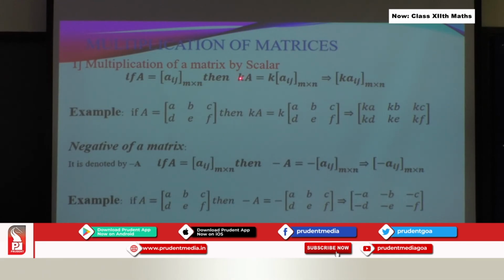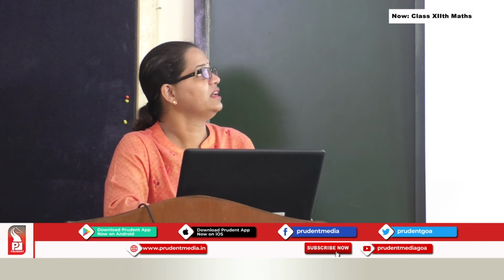That scalar can be any number. That number you multiply to the matrix A. What happens? This K, this scalar, goes to each entry and gets multiplied. You can see here this K goes inside to each entry and gets multiplied.